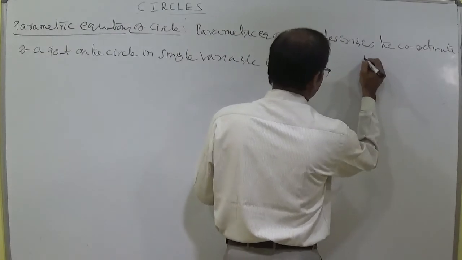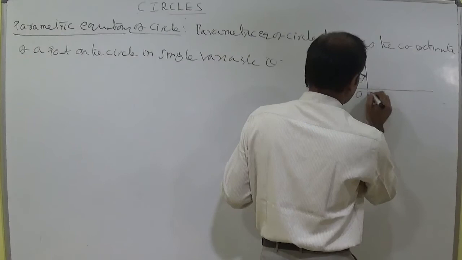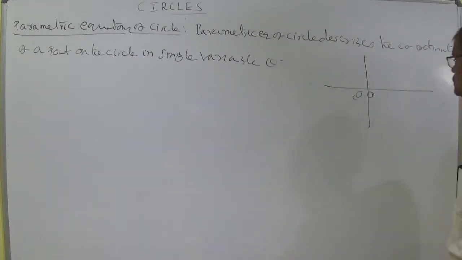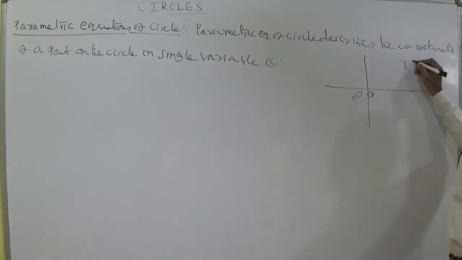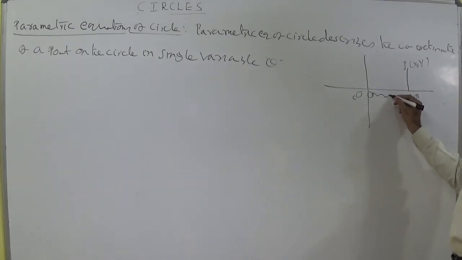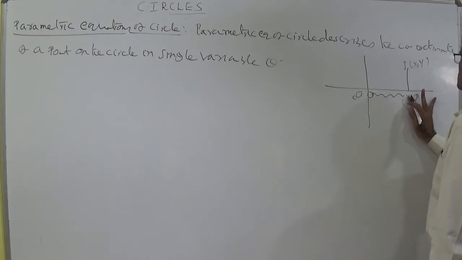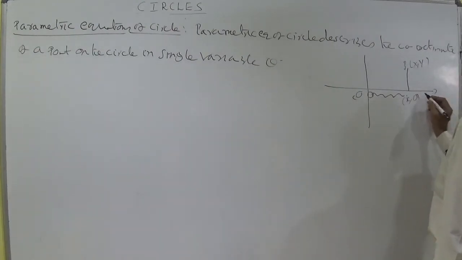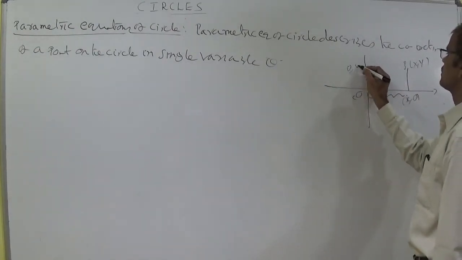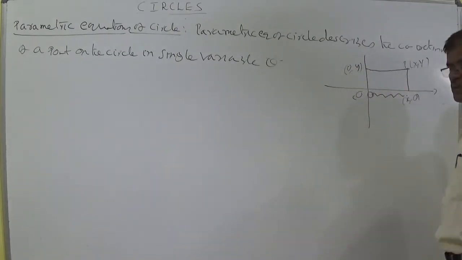General notation, by trigonometric notation I am saying that this is 0, 0. Let this be P (x, y), any point. That means the point is x units distance from origin on the x-axis and the same point is y units distance on the y-axis.